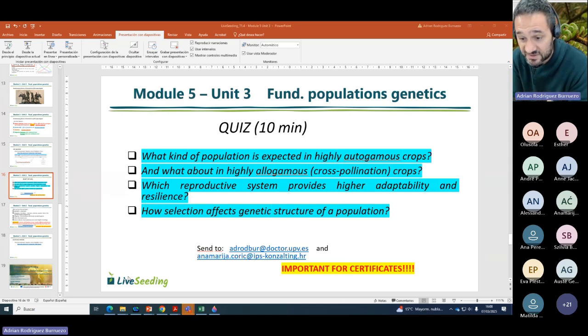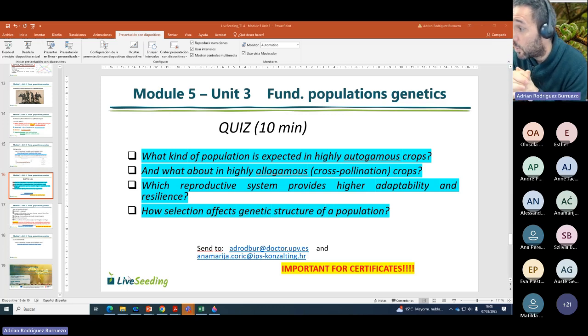So for each gene, you may find two different versions, two different genotypes, the homozygous, but no or very few occurrences of heterozygous genotypes, gene by gene. So this is quite typical of autogamous.